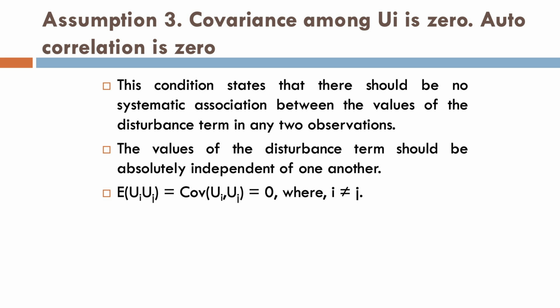The values of the disturbance term should be absolutely independent of one another. This can be stated as expectation of u_i u_j is equal to covariance of u_i u_j is equal to 0, where i is not equal to j.